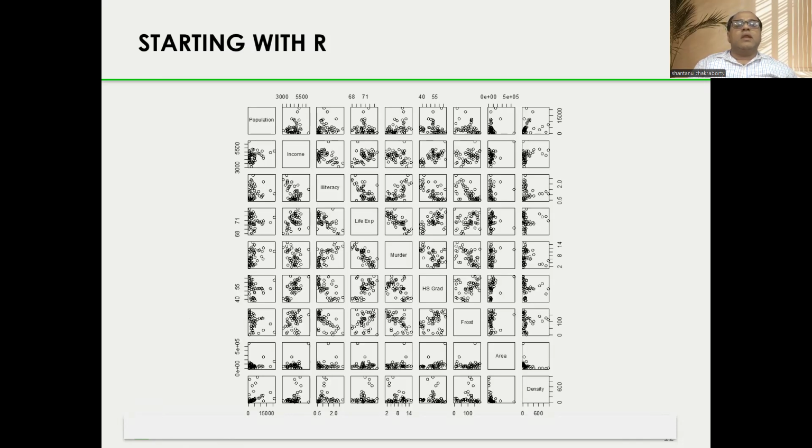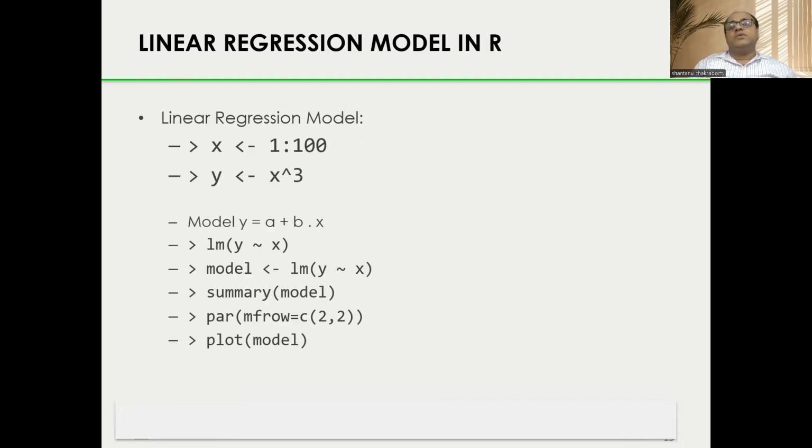Now here, the regression model, we can also do a regression model with R. The function is lm. In the regression model, we take one dependent variable and one independent variable. And based on the dependent and the independent variable, we perform the linear regression.